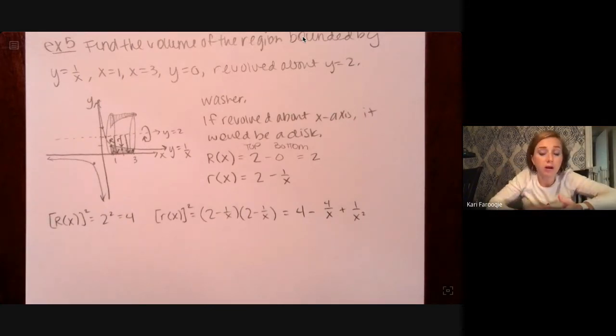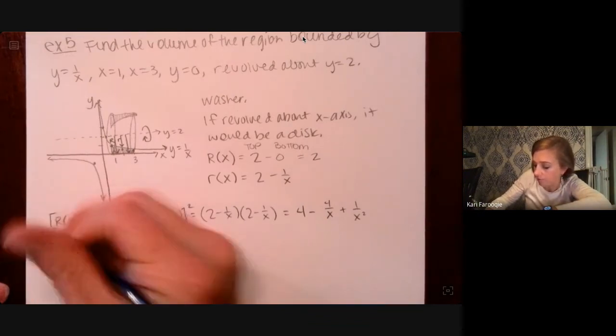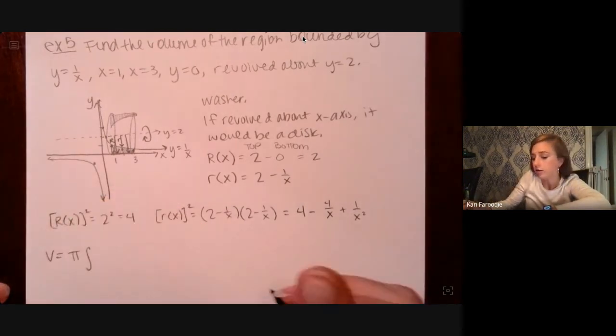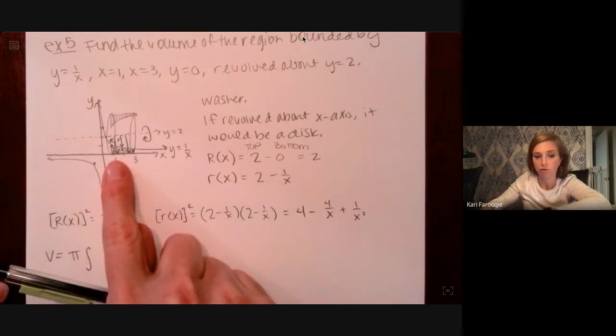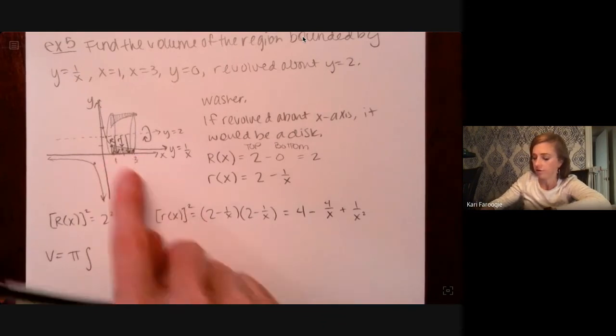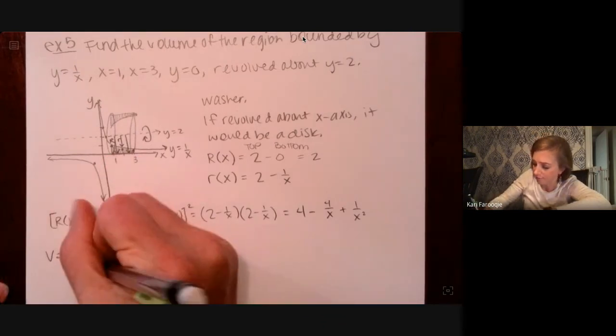Now that we have big R squared and little r squared, we'll go ahead and set up our volume integral. So we're taking pi times the integral from, and because we're looking at a dx integral, I need x limits of integration. I'm going from 1 to 3. Sorry, this figure got to be looking really messy, didn't it?